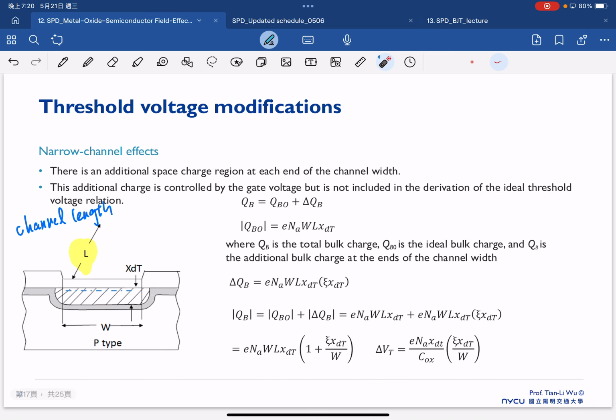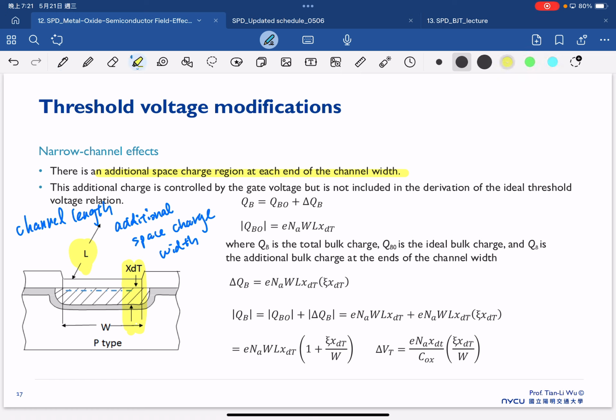So now we have W here and channel length here. And we actually find out that there's an additional space charge region at each end of the channel width, which is here. So this is an additional space charge width.